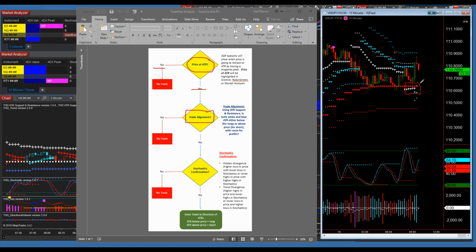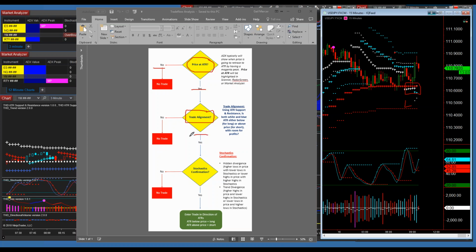Now, this is not the white and the blue. Instead, you have the white and the red in your direction, okay? In this case, they are below price, indicating a long position. Does everybody understand that? Any questions on this so far?